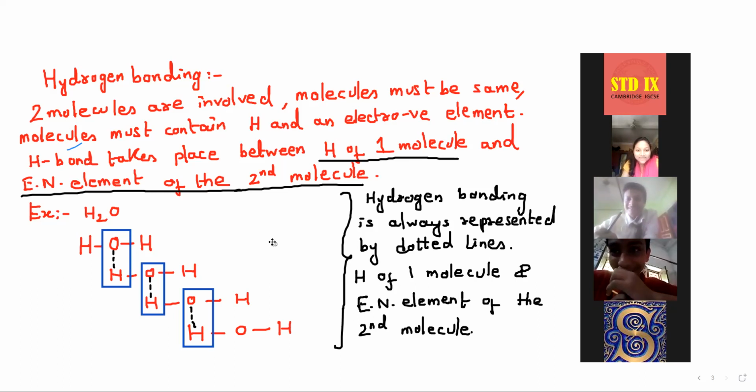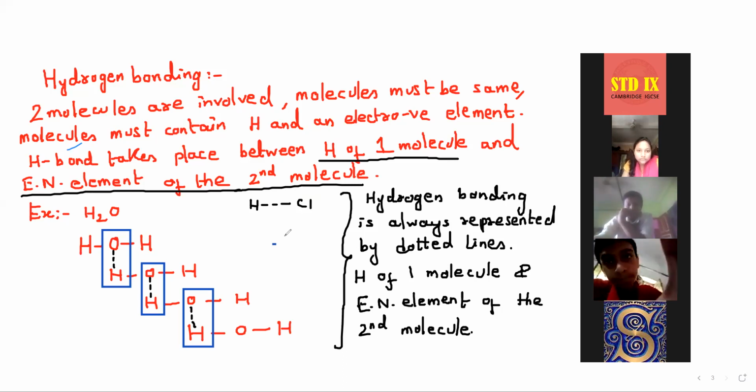Anyway, whenever you see that one hydrogen and the other element are represented by means of a dotted line, you will understand that a hydrogen bond is there. Something like this, H dot dot dot Cl. Again, you are having H dot dot dot Cl. This is how you should do it.